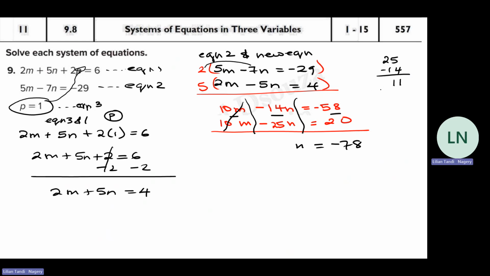Am I right? Okay. And this one is 78, but negative. And this one is 11, but positive. Why do I have a feeling something is wrong with my work?